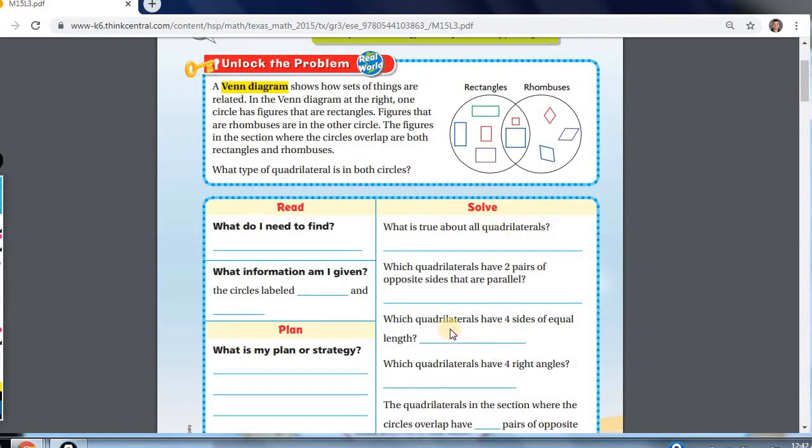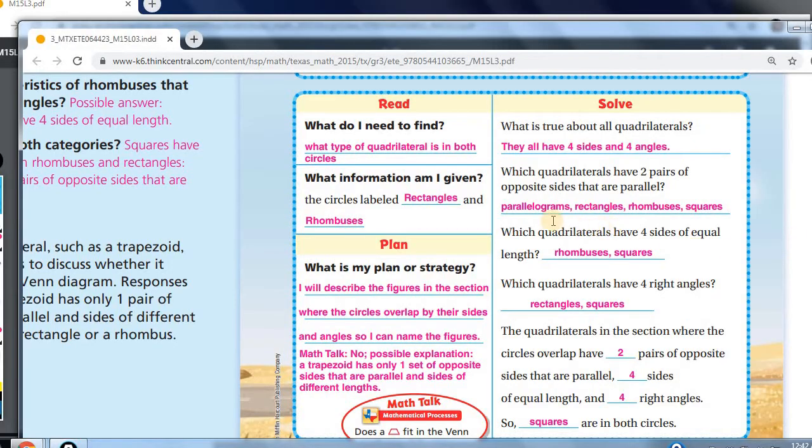Well, that would be a parallelogram, a rectangle, a rhombus, and a square.